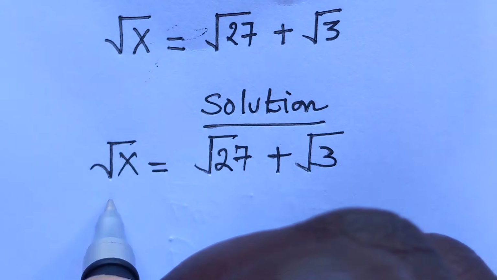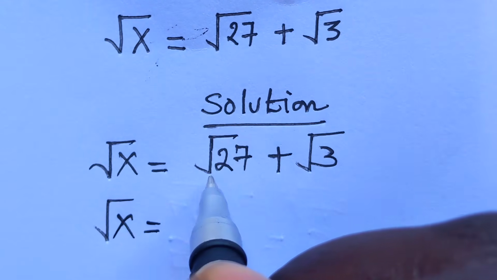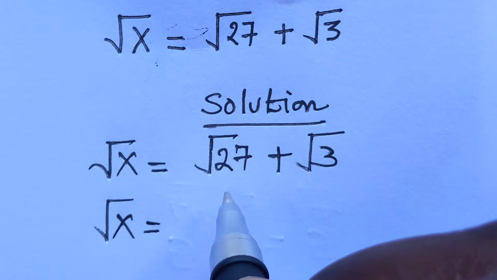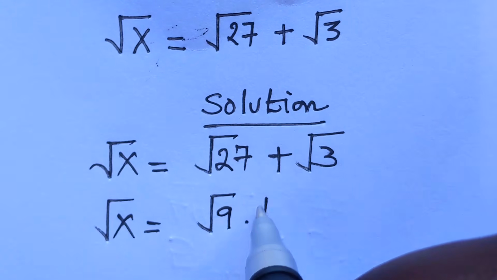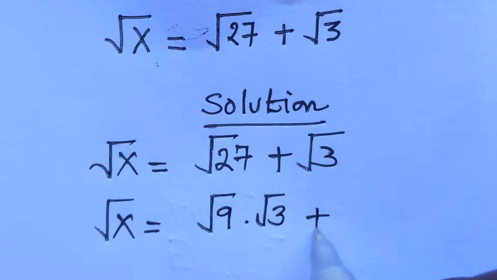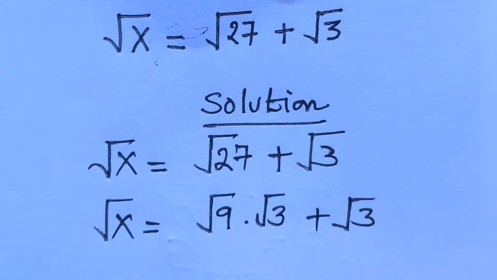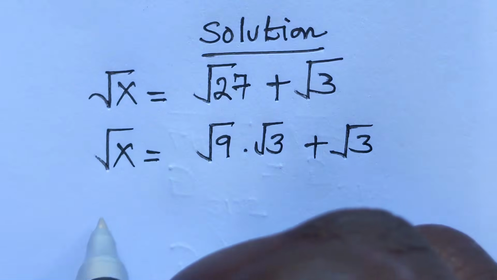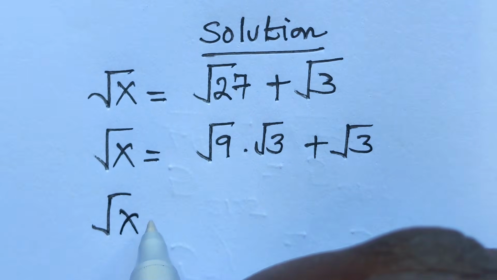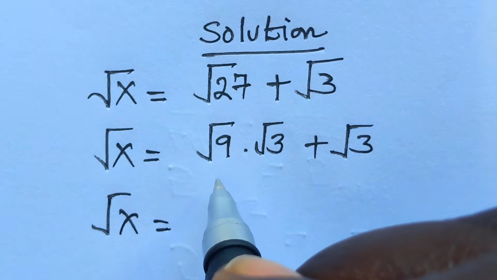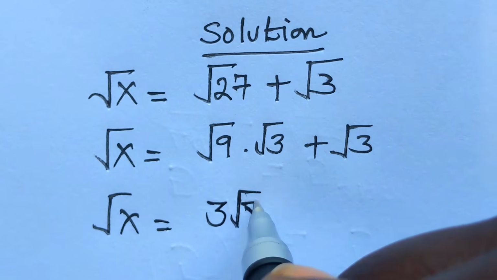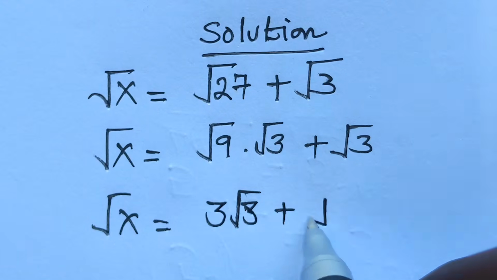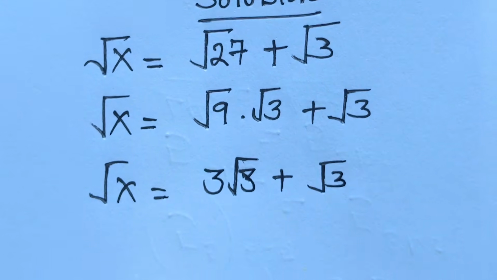So you have square root of x which equals, this 27 can be changed into square root of 9 times square root of 3, then plus square root of 3. Alright, so you have square root of x which equals, this square root of 9 can be 3, so 3 square root of 3, then plus square root of 3.